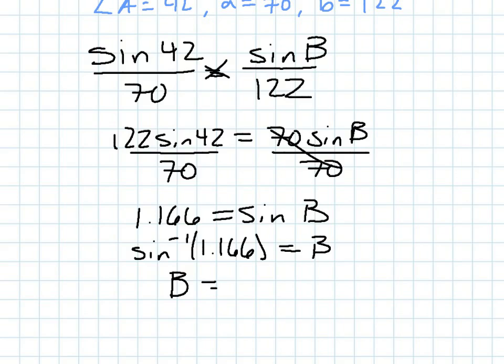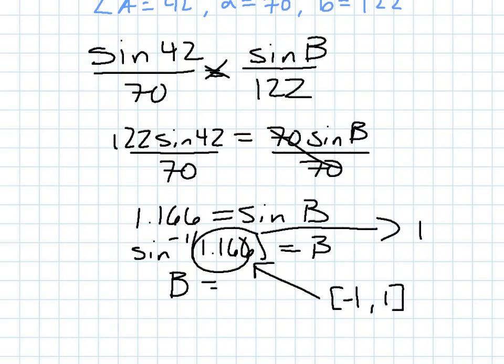something, my calculator says that there's an error. Now the reason for this is if I look at this value and think about the range for sine, remember that we said that it was between -1 and 1. So since this is greater than 1, I can't find the inverse of sine because it's not actually on the unit circle.